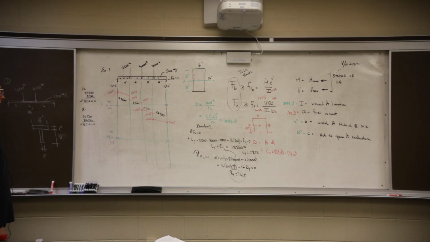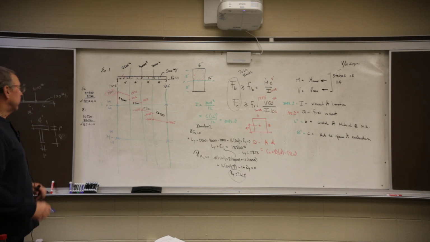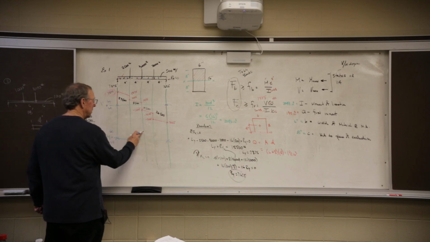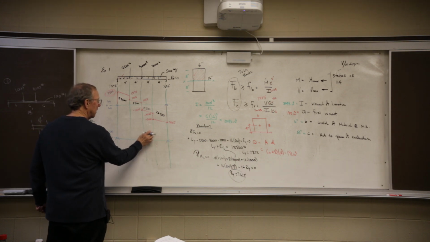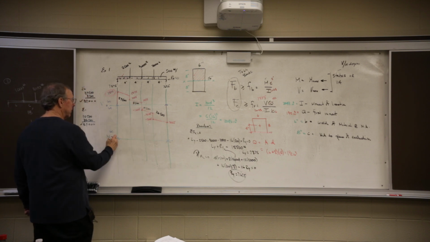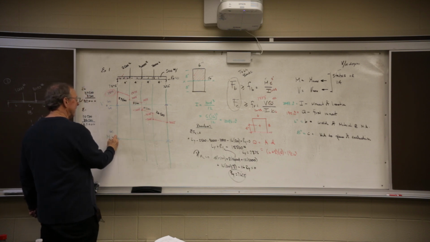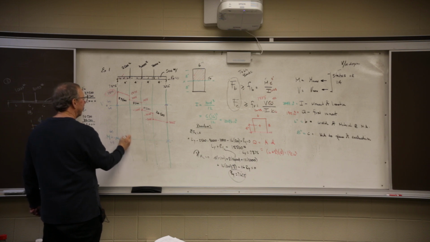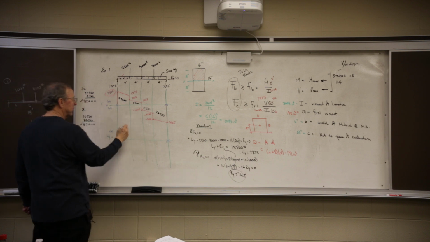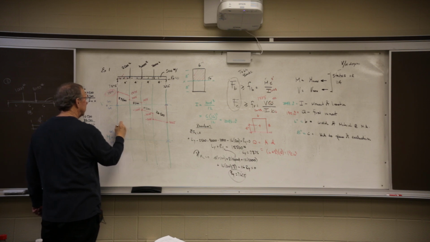Now I've got to draw a moment diagram. Remember what I just said. The change in moment between any two lines is the area directly above it. Start at 0. The change in moment between that line and that line is 27.5 positive, plus 27.5.